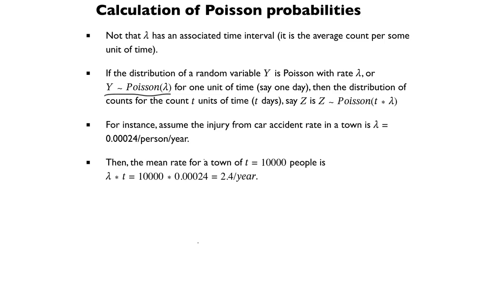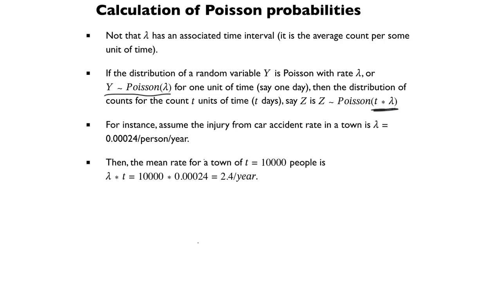It turns out if I want to look at a multiple of that unit, 5 years, 6 years, then it becomes Poisson, where the rate is just that time period I'm looking at times lambda. This will actually come into how we model it when we start doing more complicated regression models. So if y is Poisson with lambda per year, and I want to know the distribution of counts in 5 years, it's Poisson with 5 times lambda as my new lambda.